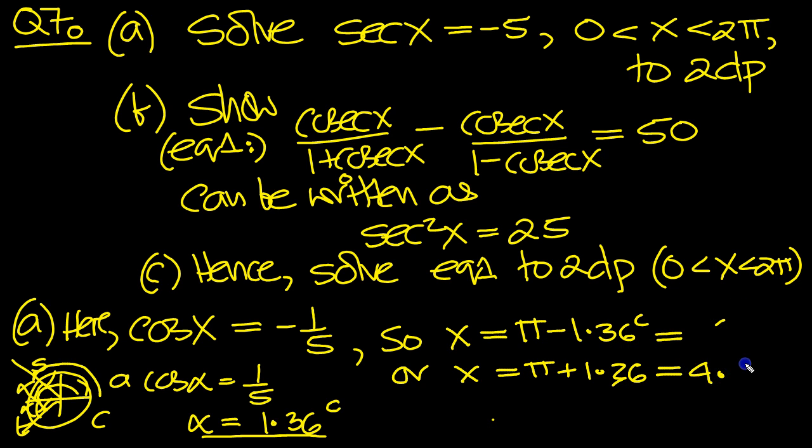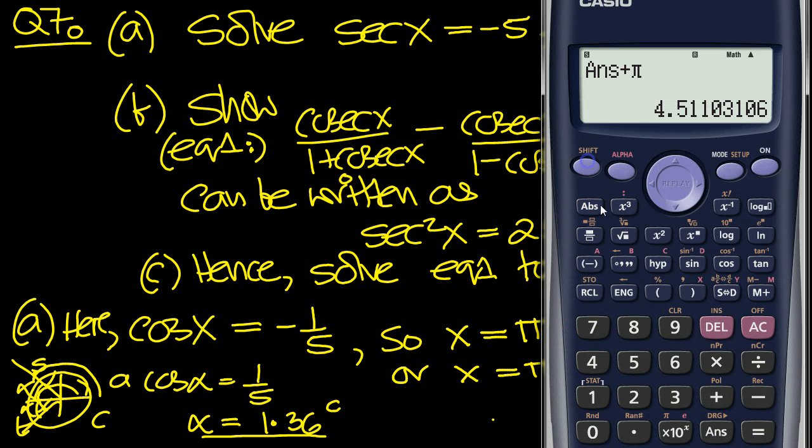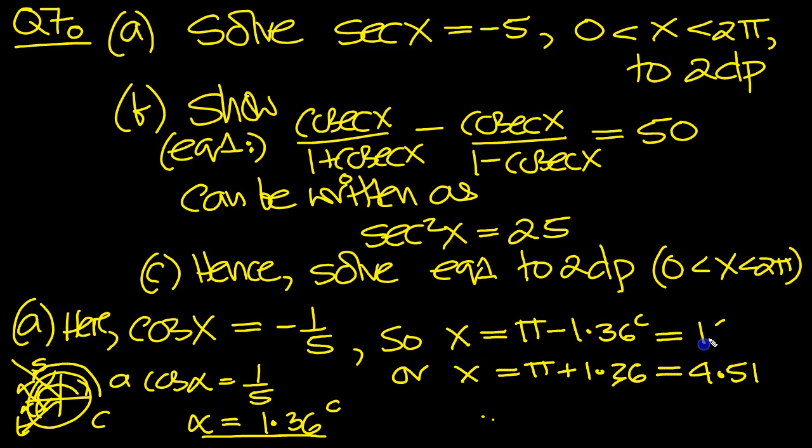That was here, 4.51, and then we've got pi minus 1.36, haven't we? So pi minus 1.36, 1.78. And that's to two decimal places. So there's our two solutions then in radians for this equation here, sec x equals -5.